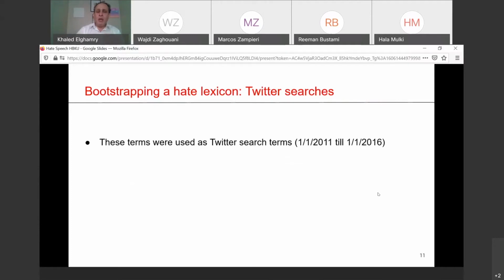These terms were used as Twitter search terms using the Twitter API for the period from January 2011 up to January 2016. Of course, for future research, we're going to try to get a larger, more finely geolocated sample of tweets.